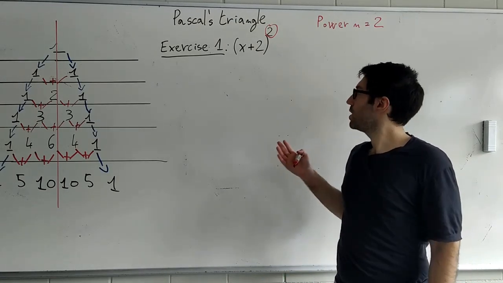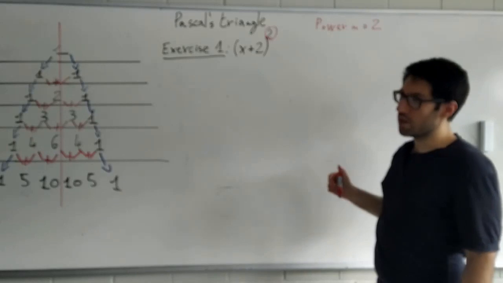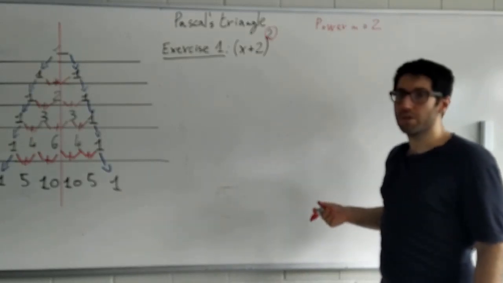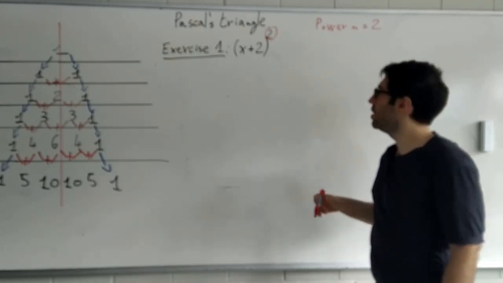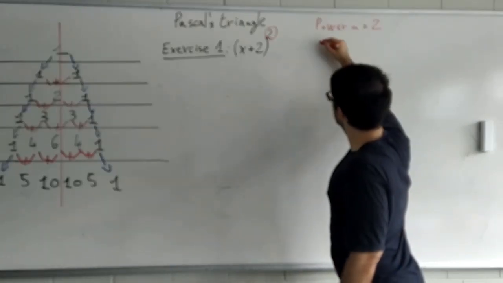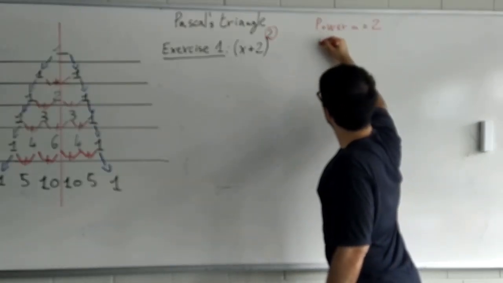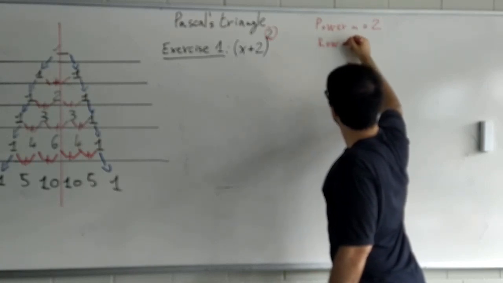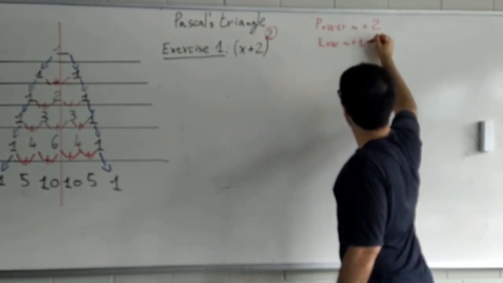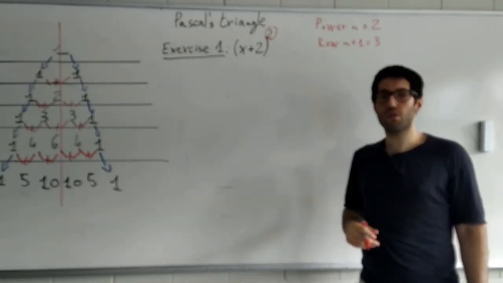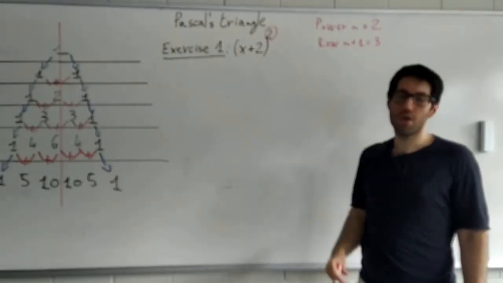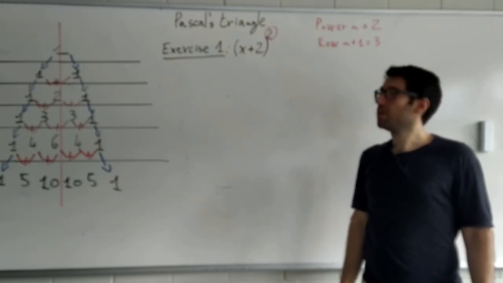So, since the power is equal to 2, we need the 2 plus 1 row of Pascal's triangle to calculate the coefficients. So we're going to take row n plus 1, which is of course 3. So we need the third row to calculate the expansion of this binomial.